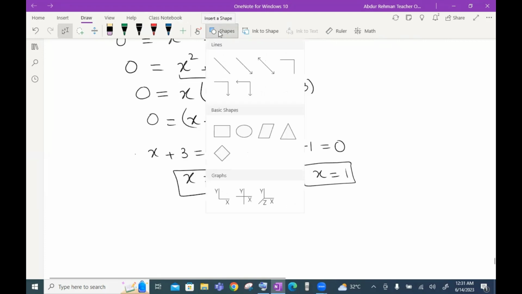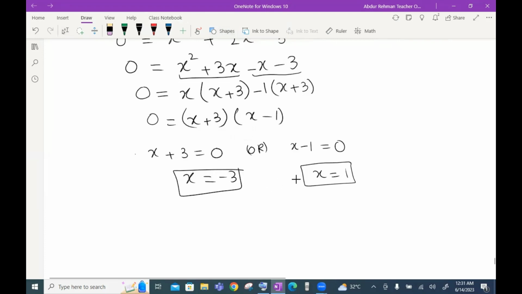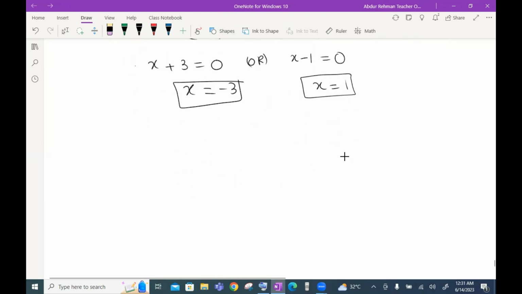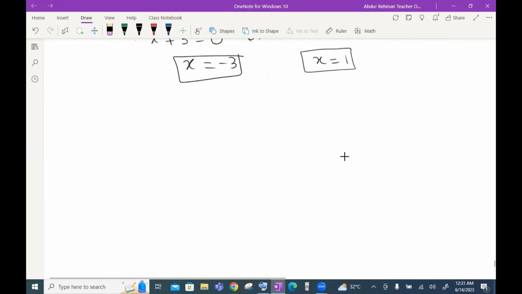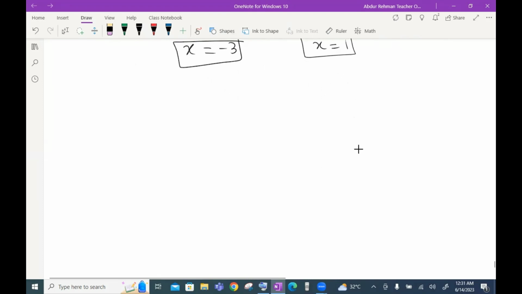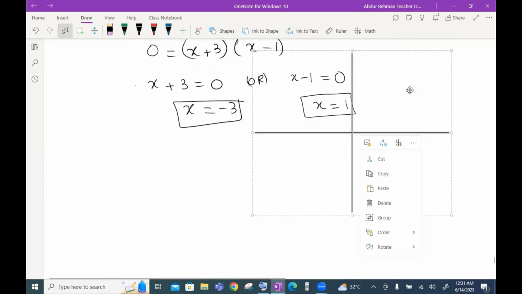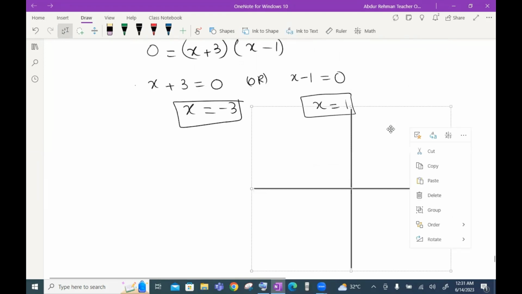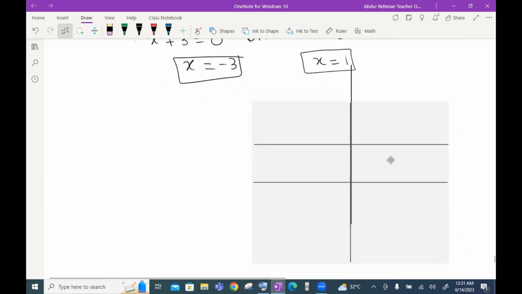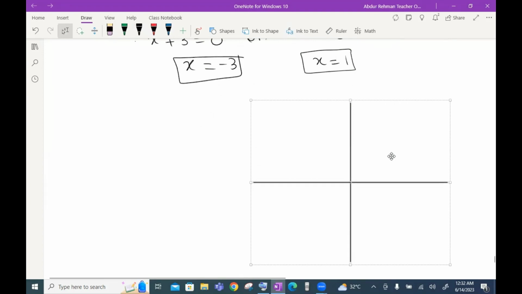We can find the line of symmetry by sketching the graph. So here are the x-axis and y-axis. The x-intercepts are 1 and minus 3, so I'm going to plot 1 and minus 3.